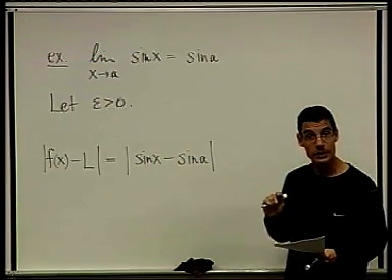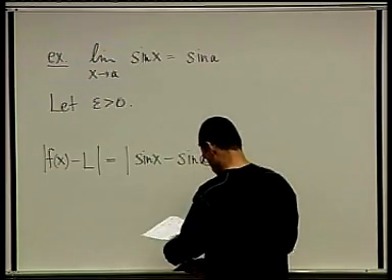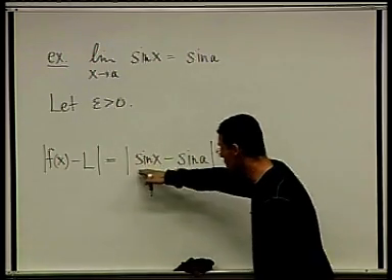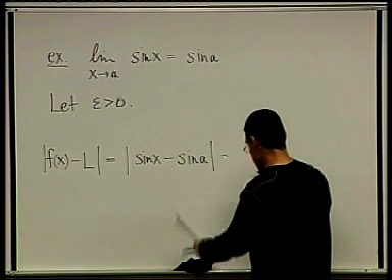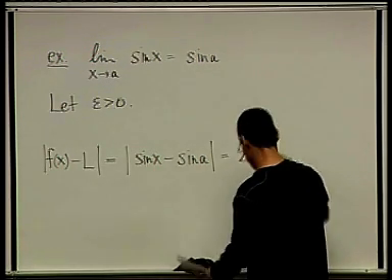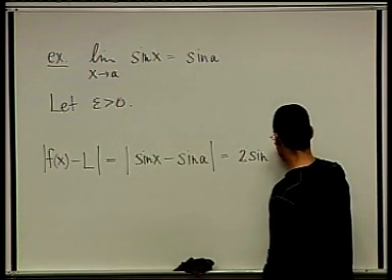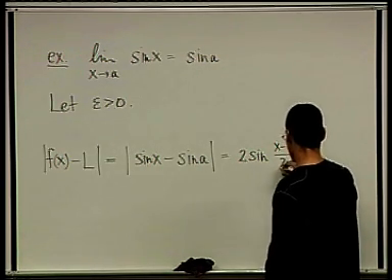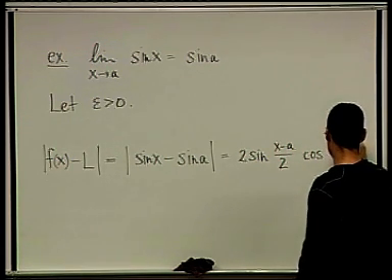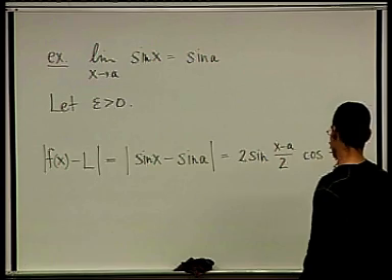There it is. Okay, so here's the formula for the difference of sines: 2 times the sine of the difference divided by 2, times the cosine of the sum divided by 2.